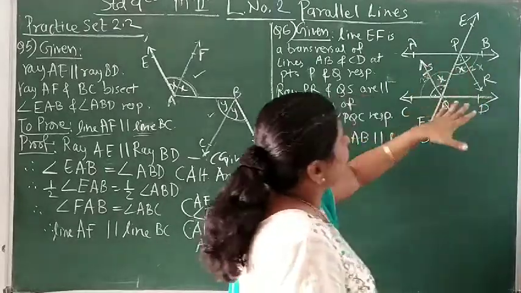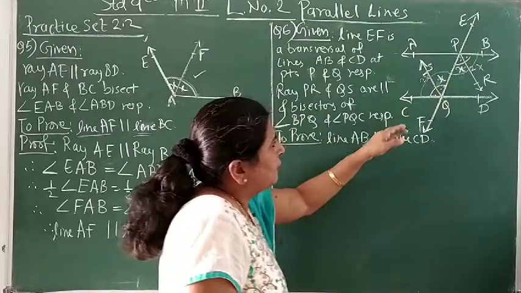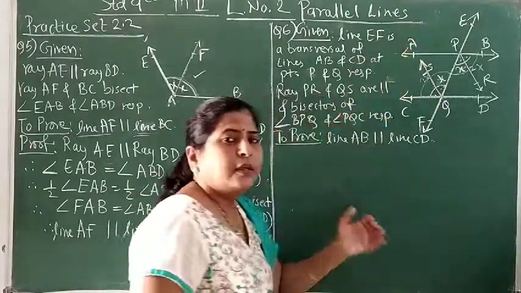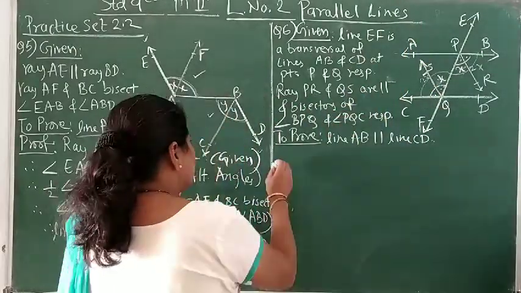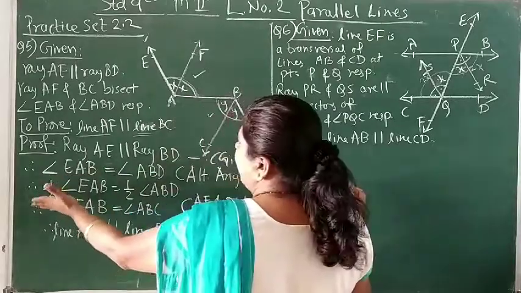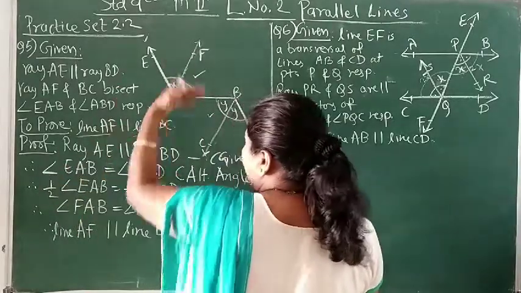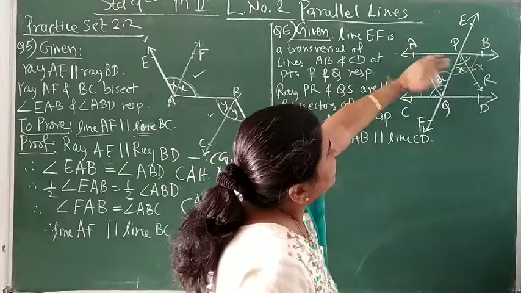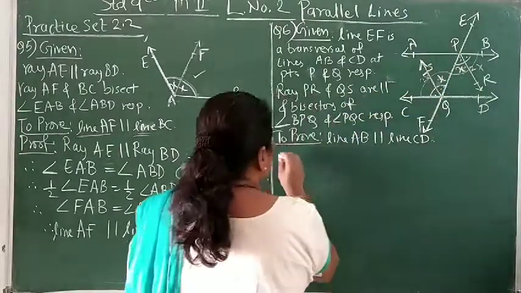So 2x is equal. These alternate angles are equal, hence the lines are parallel. So this way we can write the proof. The difference is only that there we went from full angle to half, and here we go from half to full.